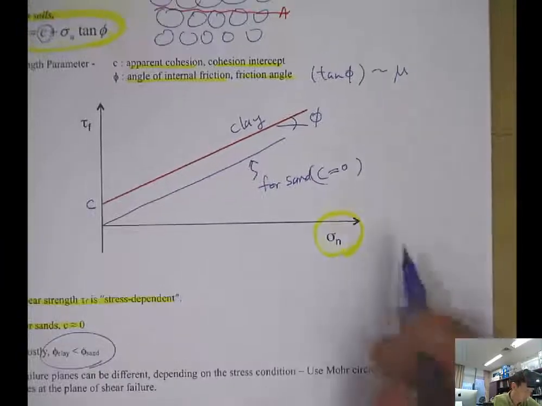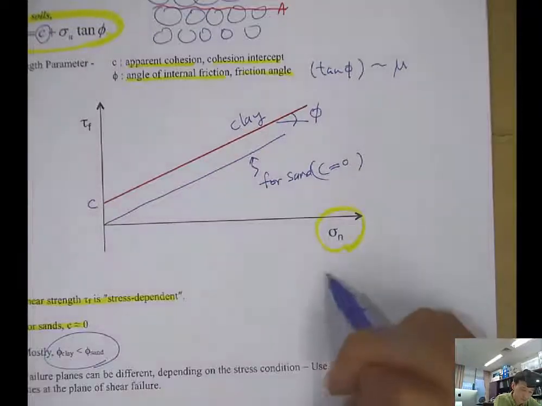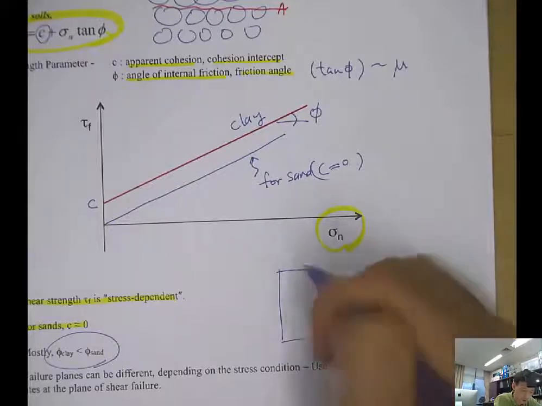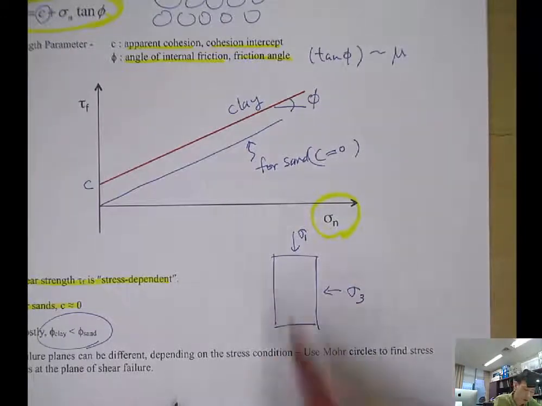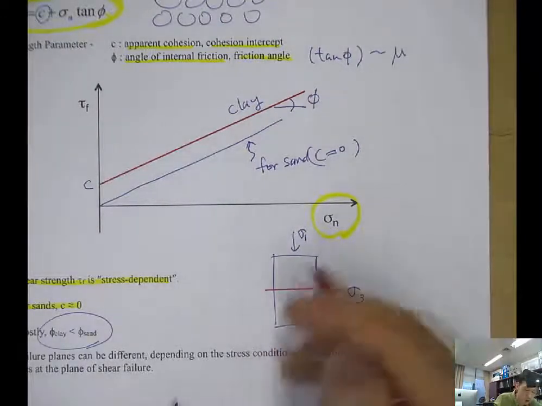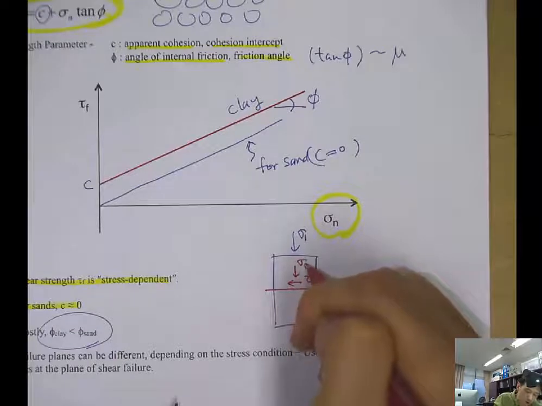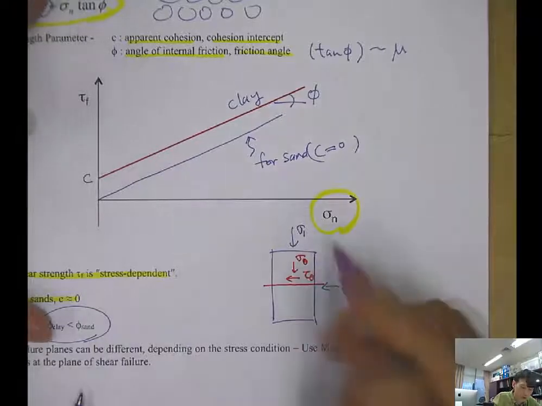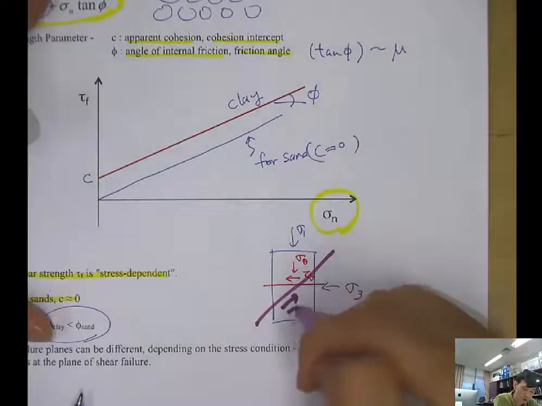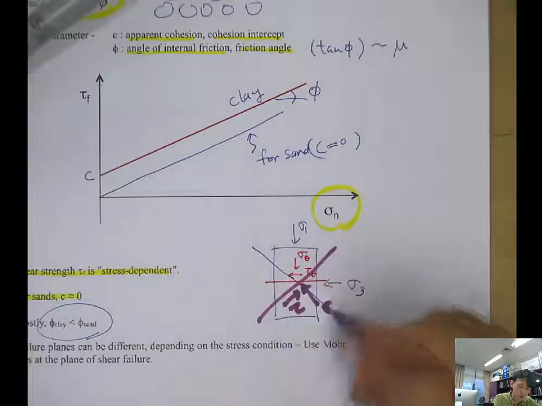If you have a soil mass under principal stresses sigma 1 and sigma 3, the tau theta and sigma theta, the normal stress on a given plane, will be different from the principal stresses.